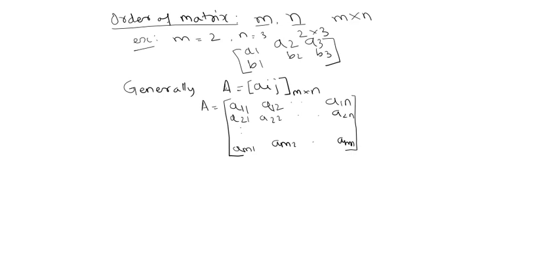For example, we can write say 2, 1, minus 4, 0, 3, 2. This is one matrix. Next we can have say 3 plus i, 2, 6. So this is another matrix.